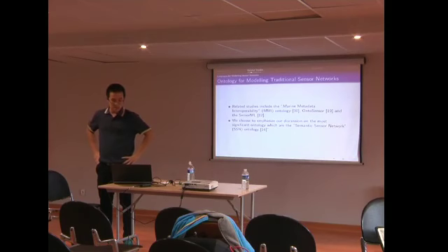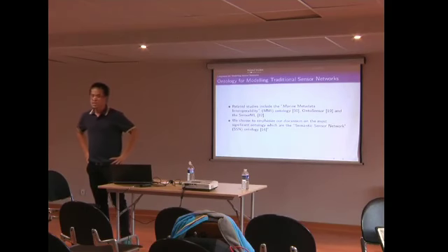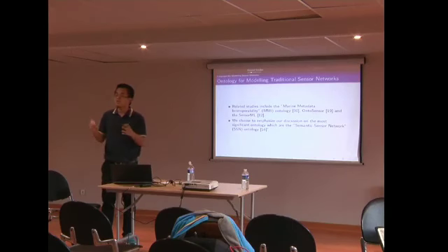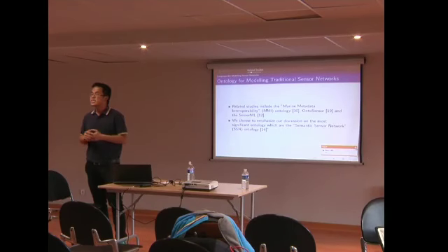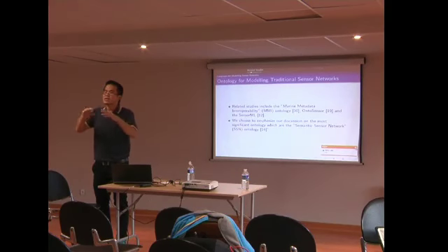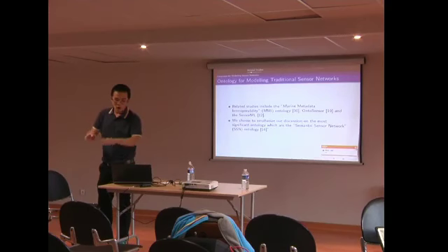It's called the Semantic Sensor Network ontology. This ontology was proposed by a working group of W3C. They gathered the people who developed all the other sensor network ontologies together to propose this one.